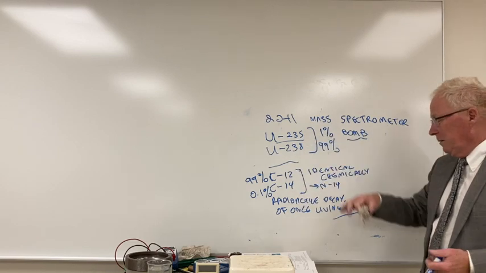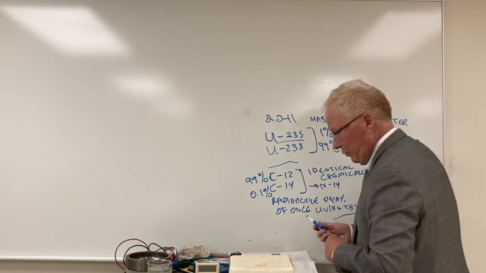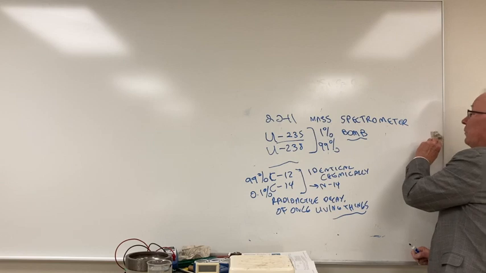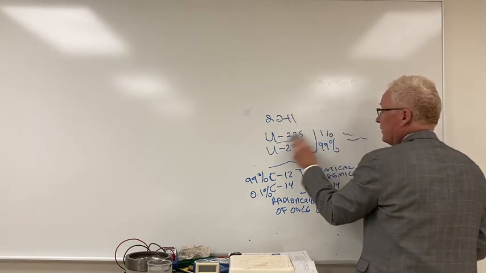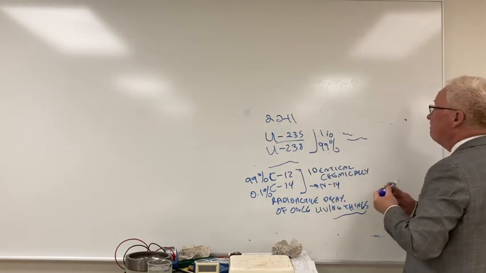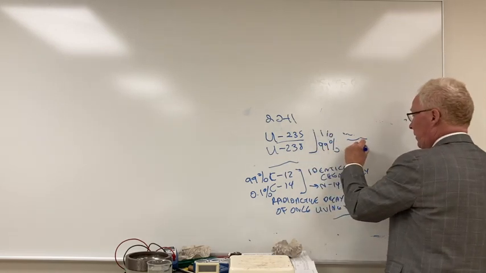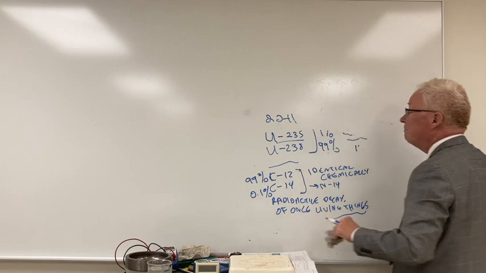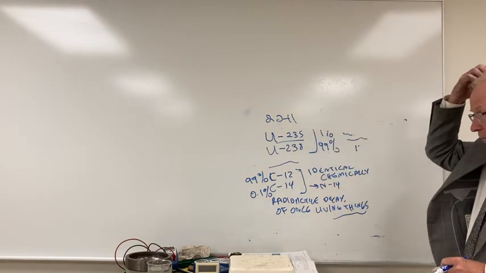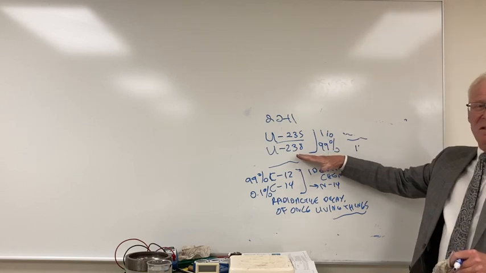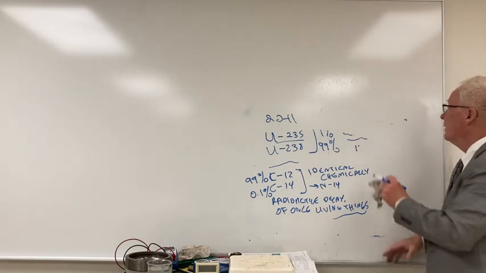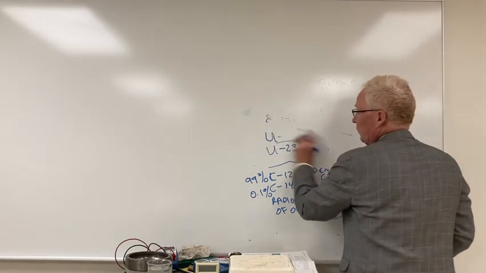So you take a mass spectrometer, and this is actually the basis of the Manhattan Project in the 1940s for building the bomb, which was trying to separate these two. Fortunately, it's extremely hard to do. We'll see how you do it.